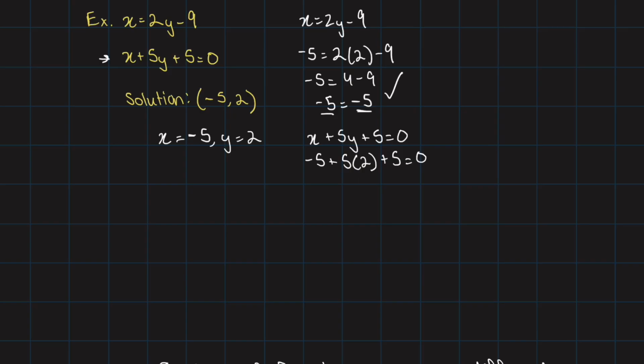So we have negative 5 plus 5, and these can just cancel each other out and become 0, right? 5 times 2 is 10, and this does not equal 0. These two things do not equal each other. They're not the same, which means since plugging in those values didn't satisfy both equations, this is wrong. This is not the solution.